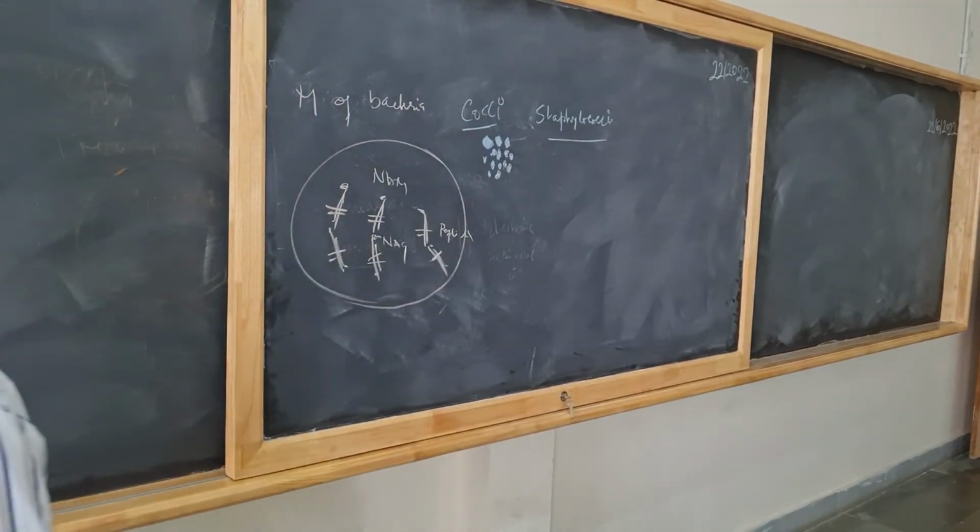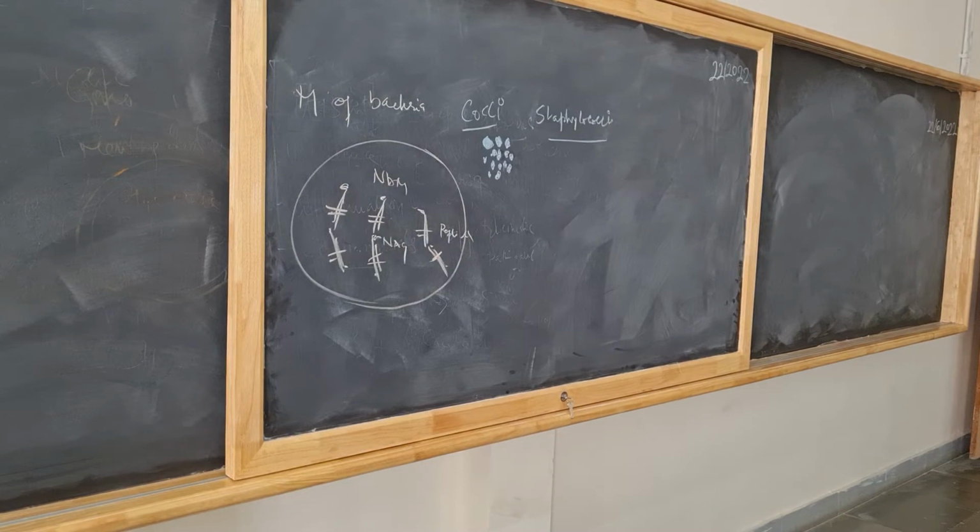Staphylococci are gram-positive cocci arranged in clusters. They look like a bunch of grapes. You ask me why?